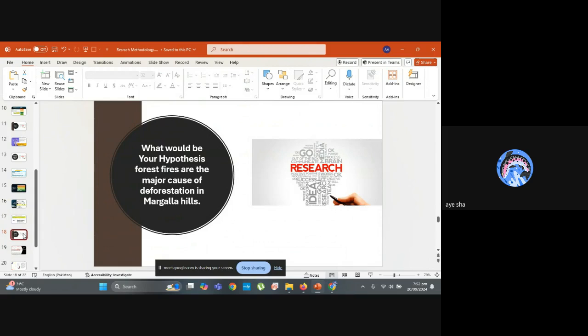For example, I have decided based on the literature that a survey and questionnaire is the best methodology to test this particular hypothesis that forest fires are the major cause of deforestation. I will develop a questionnaire based on this hypothesis and this problem statement, and then I will conduct my research.